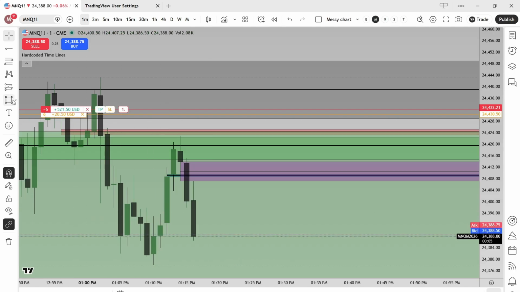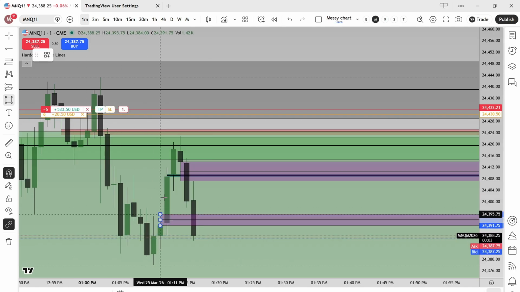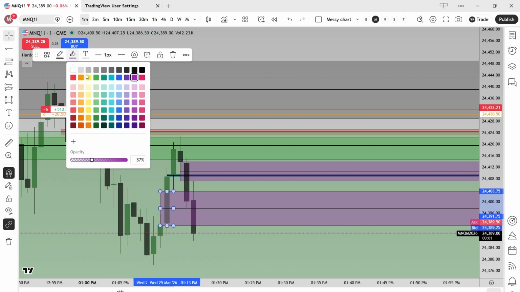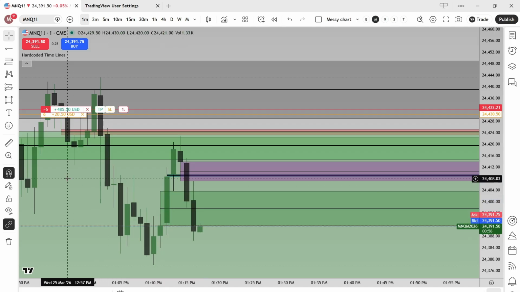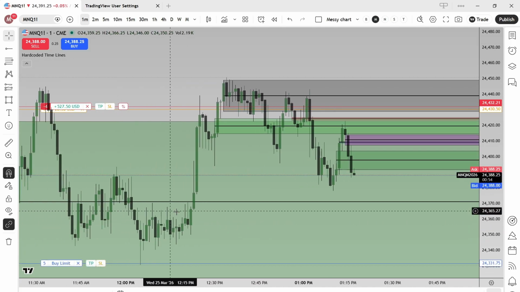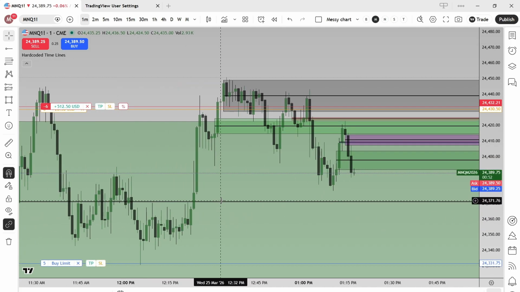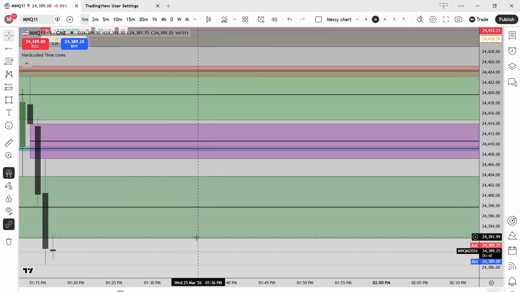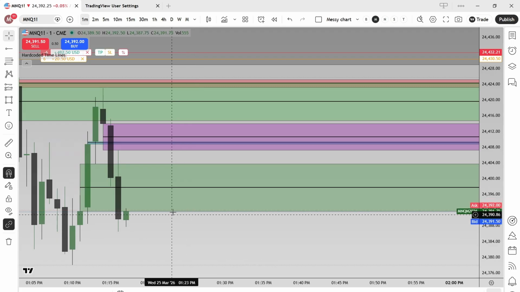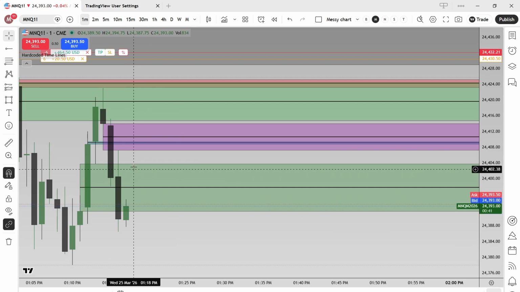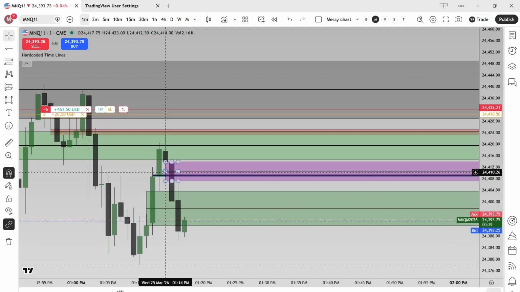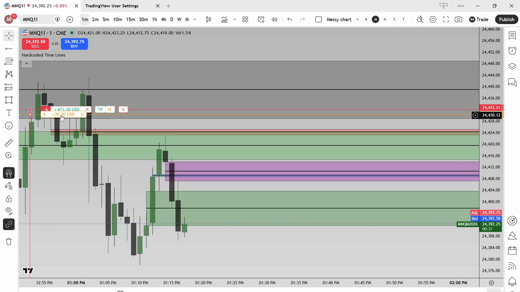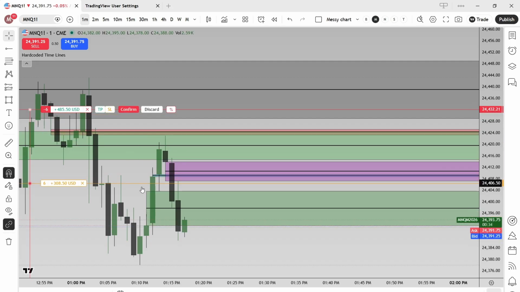You can mess around in this gap. As you can see, just a touch. I don't want to see it close above the midpoint of this. So now I can trail to here.